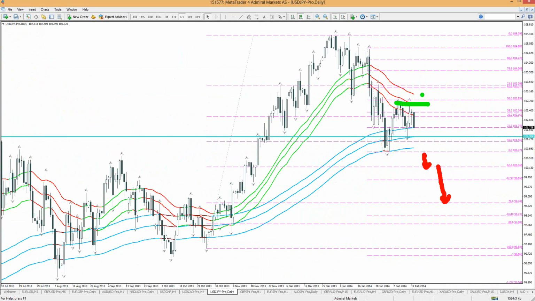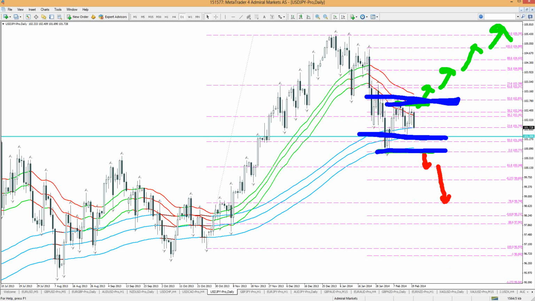Or are we going to see an upside break and this upside happen? Well, these two blue lines, I guess, are the most important for that answer. Anything within there is a bit messy, but 101.38 here is still an important support level.